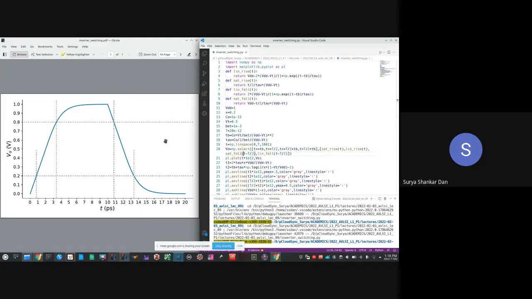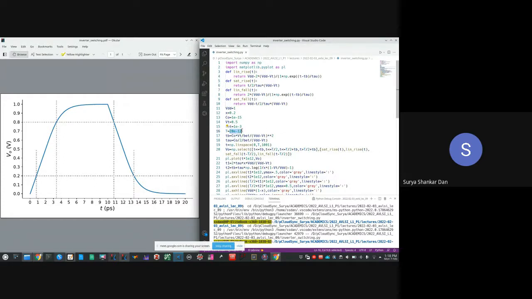I will just finish the graph later. So what are the things we have chosen? We have taken a time period of 20 picoseconds. This is a 20 picoseconds one. So here, if you notice, this is given over here, 20 picoseconds.